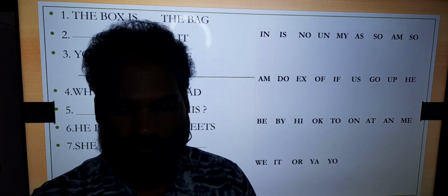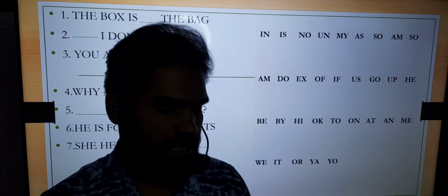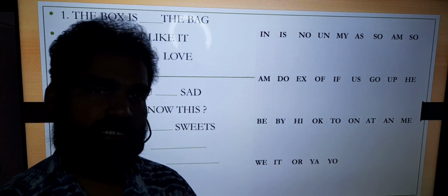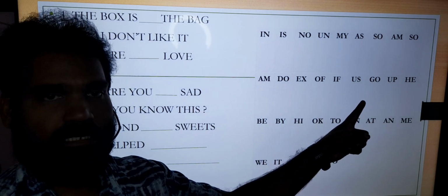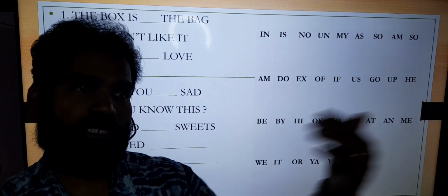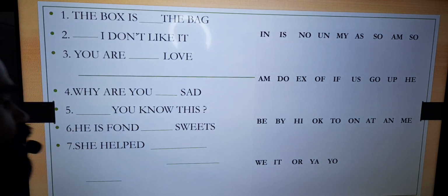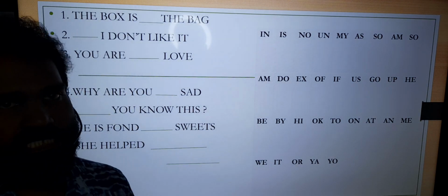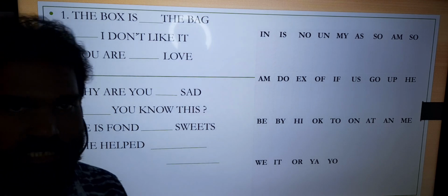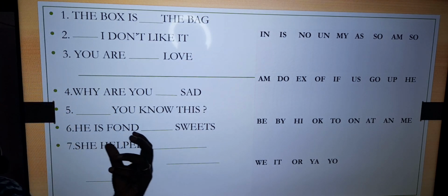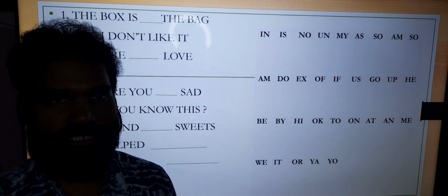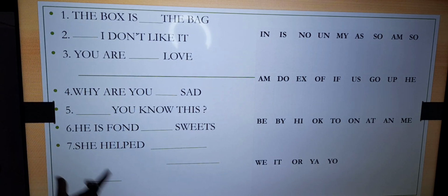Us means we. For example, I am and somebody else with me. We two are called us. So, she helped us. He helped us. It helped us. They helped us. Like this, in different varieties, you can use this sentence. Let's move to the next one.